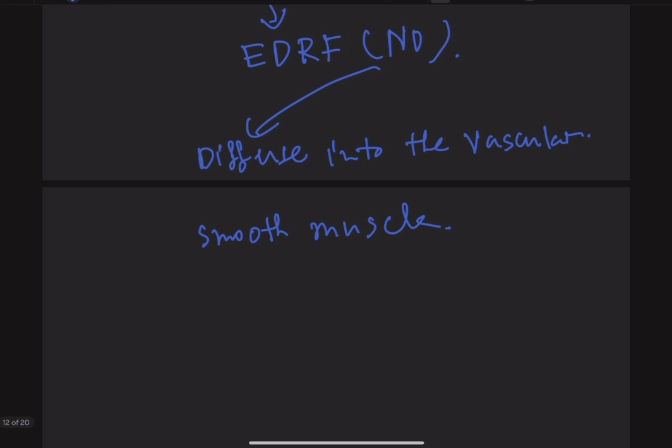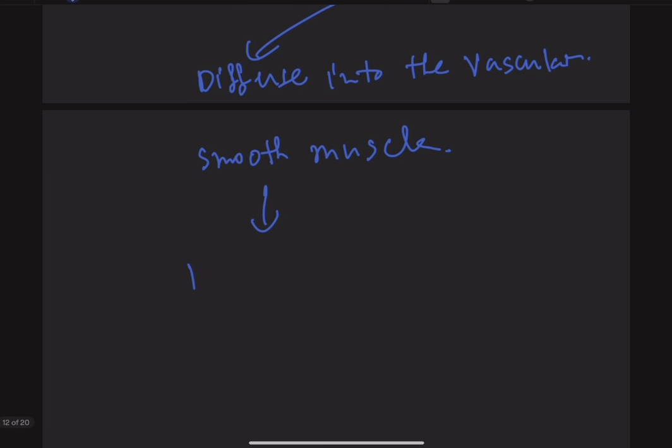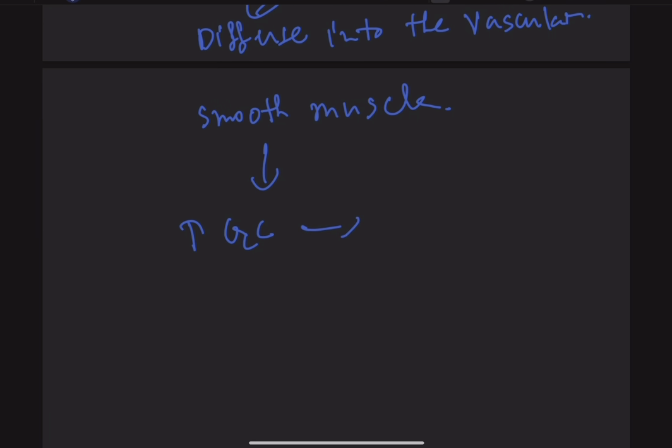Okay, when this nitric oxide diffuses into the vascular smooth muscle, it activates the guanylyl cyclase, and this leads to the production of cyclic GMP.